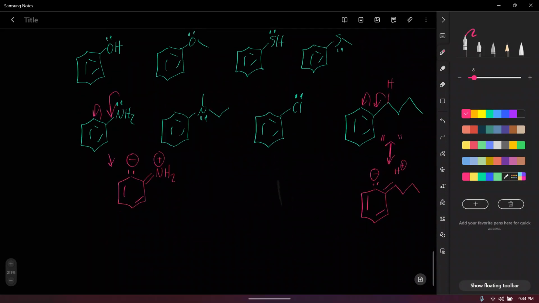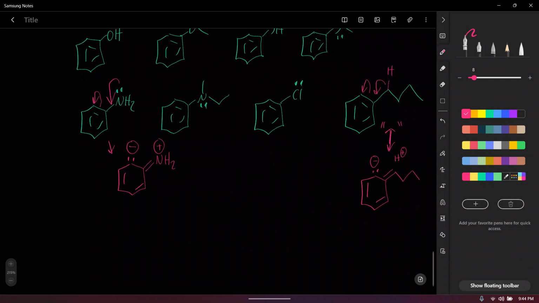So again, this is not a real resonance structure. Hydrocarbons do not spontaneously split off into H plus and carbon ions. But you can think of the carbon-hydrogen bond as being slightly weakened because it can partially donate into the ring.